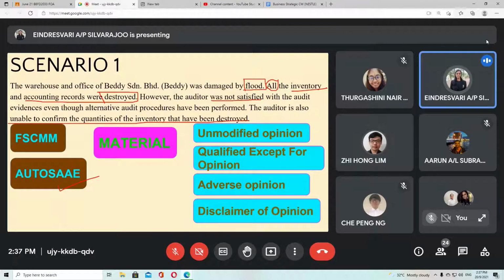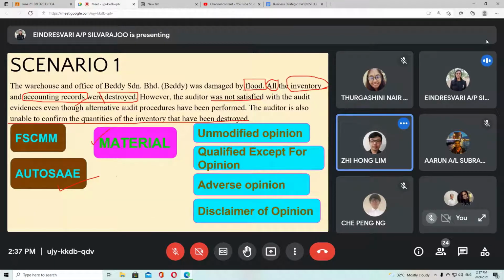Okay, it is due to the flood, and not only inventory but also accounting records, for all the items in the FS and inventory. So in this case, is it material? Yes. Is it pervasive?